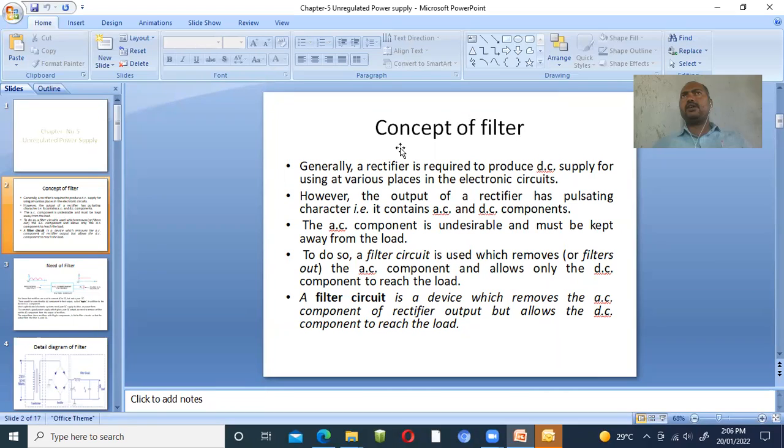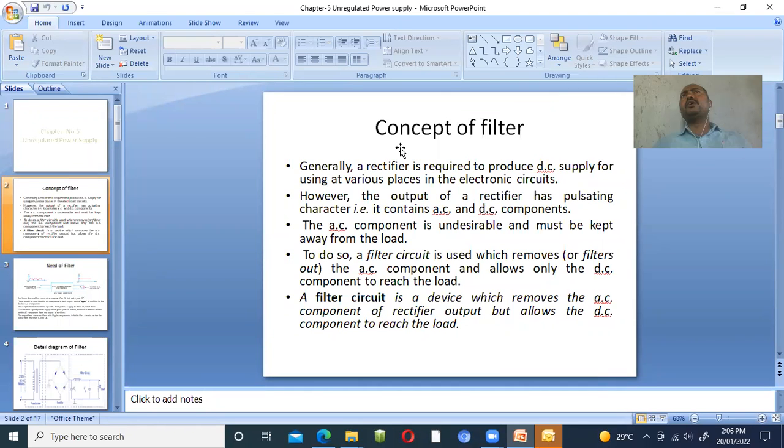The efficiency of the full wave rectifier is more than that of the half wave. For sophisticated applications, we have to use the full wave type of rectifier, right? But whatever the output coming from the rectifier, either half wave or full wave, the half wave rectifier has more noise, which is called the pulsating component.